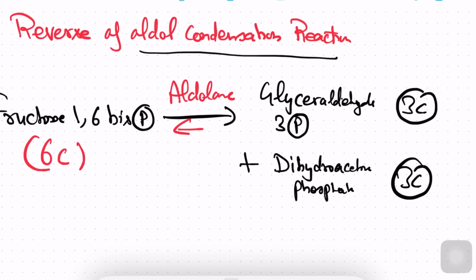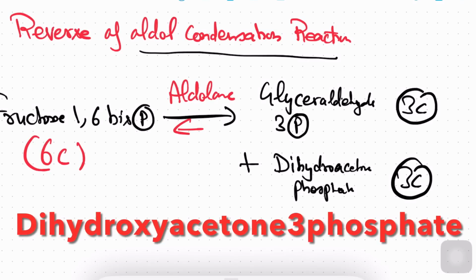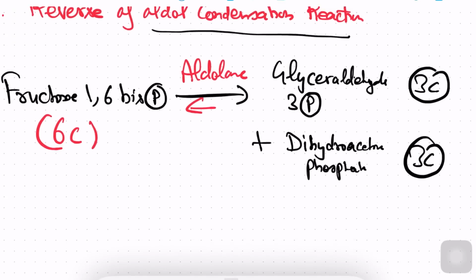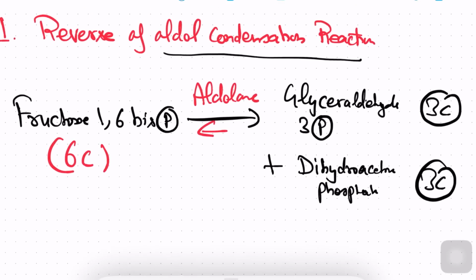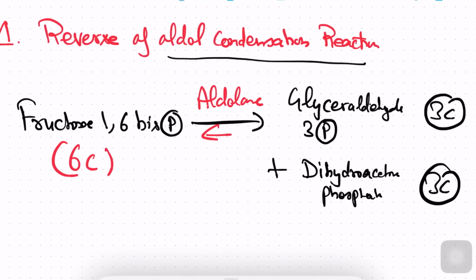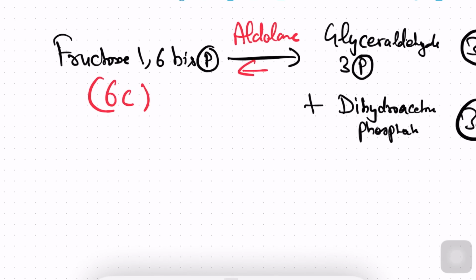This is actually the reverse of aldol condensation reaction. This 6 carbon fructose 1,6-bisphosphate is being lysed, and you see the formation of glyceraldehyde 3-phosphate and dihydroxyacetone phosphate. Keep in mind that this reaction of glycolysis is an example of reverse aldol condensation reaction.